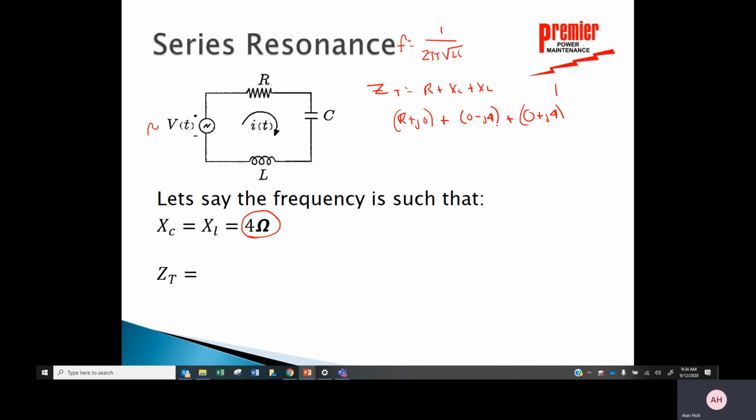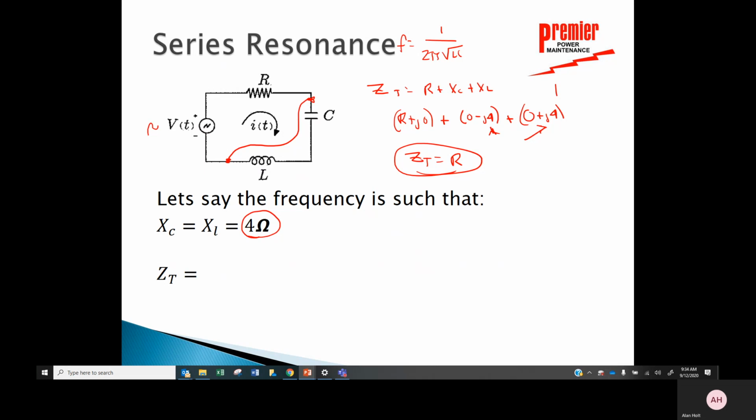We can find that for this series circuit at the resonant frequency, this minus j4 and this plus j4 cancel each other out. So the total impedance of this circuit at resonance is that value R. So basically, at resonance of a series circuit, the capacitor and the inductor are just a short circuit. You can eliminate them. So the only thing in that circuit effectively would be that resistance.